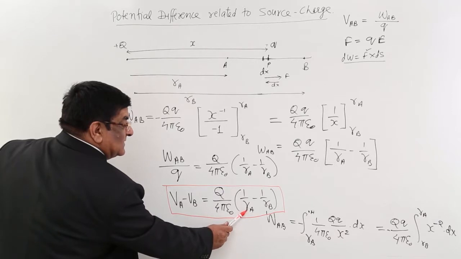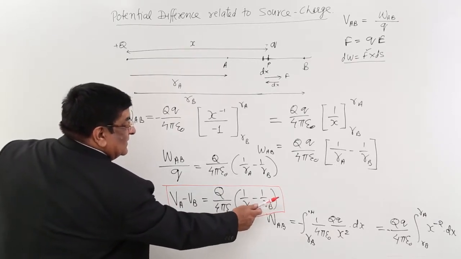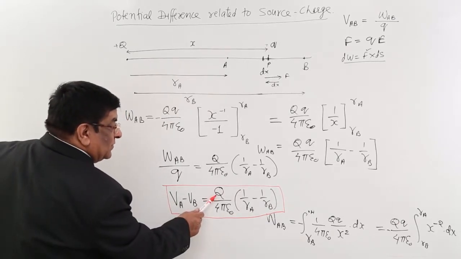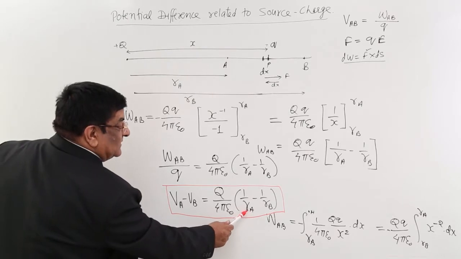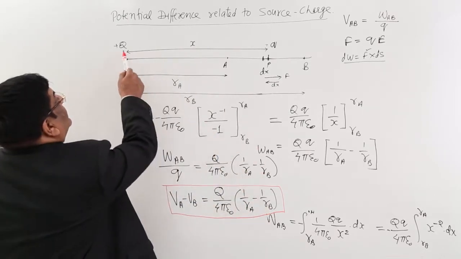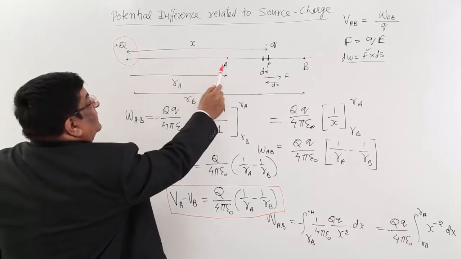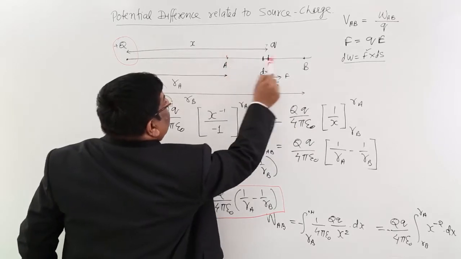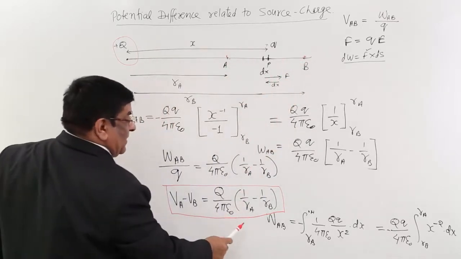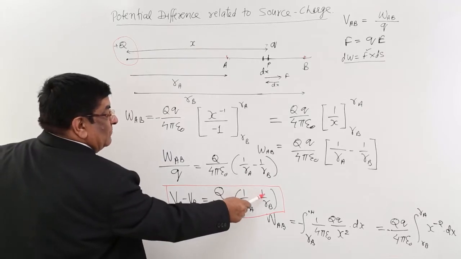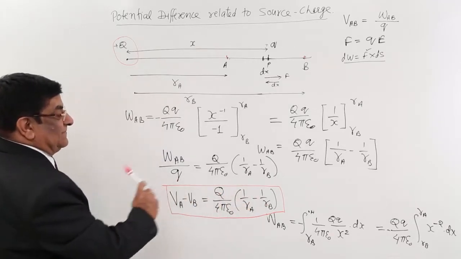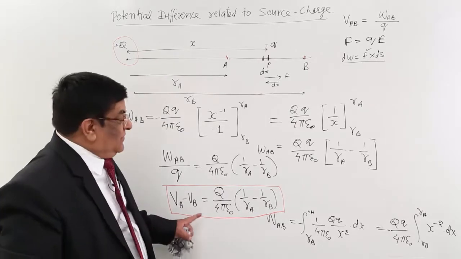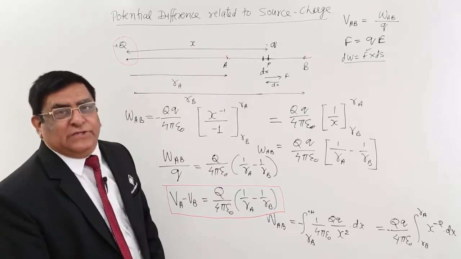One point is at a distance A, the other point is at a distance B, from charge Q. So the potential difference between 2 points at distances Ra and Rb due to charge Q is given by 1 upon Ra minus 1 upon Rb, this expression. So this is a very versatile and important expression which gives us the potential difference between the 2 points.